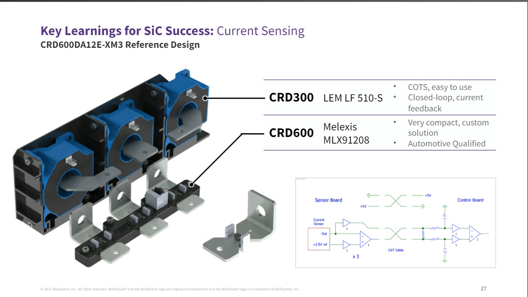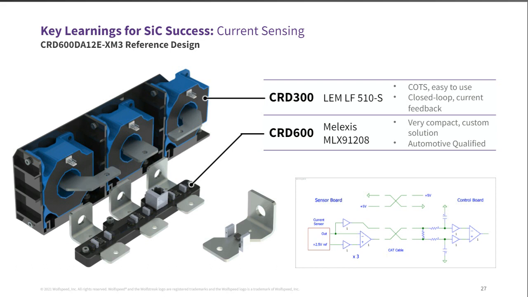But moving to the 600 kilowatt kit, we're again aiming more towards power density, which, as you can see from the previous couple of slides with the double-sided cold plate and the custom capacitor, to achieve that power density, we kind of have to go to a more custom, complex solution.